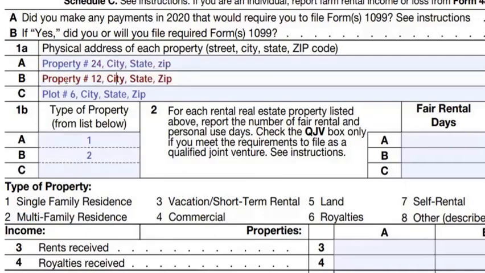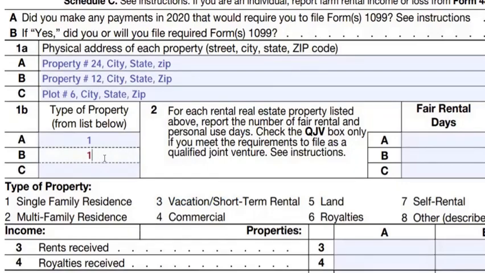Number 12 is the multi-family residence, or it could again be number 1 only. Okay, it's also SFR, or it could be vacation short-term rental. That is a possibility. So we can easily identify what type of property the borrower has.